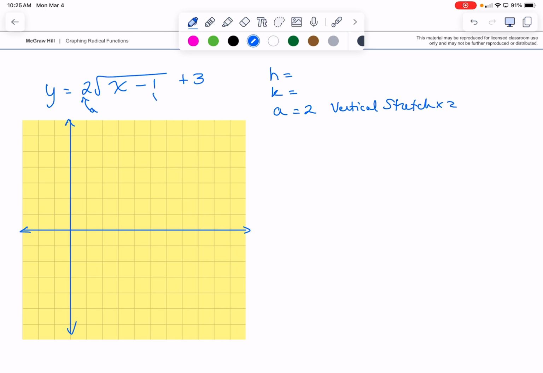And my h value comes next, right? So h is just 1. My k value is last, so that is 3. So my start of my function is h comma k, 1 comma 3, right?